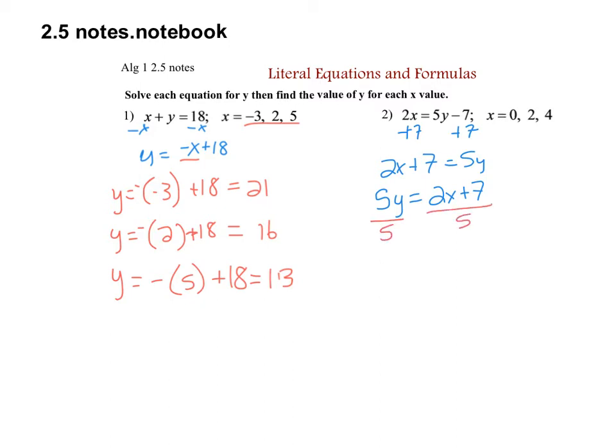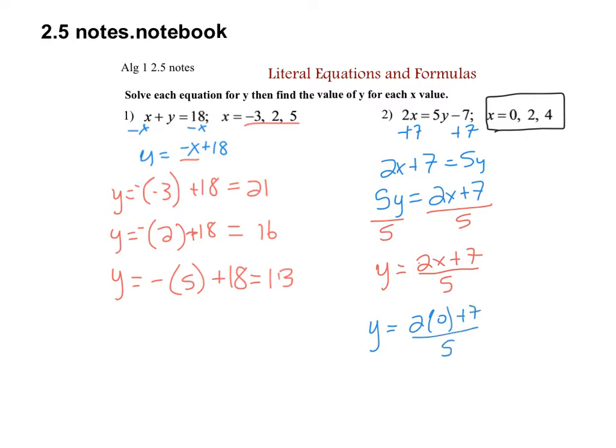We're going to be left with y is equal to 2x plus 7, all over 5. Again, we are trying to find what y is equal to if we use these x values right here, so let's plug those in. y is going to be equal to 2 times 0 plus 7 over 5.